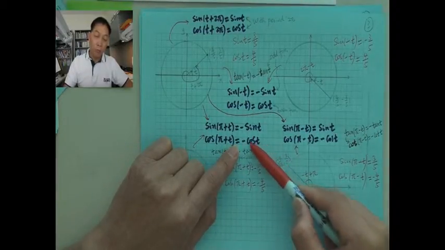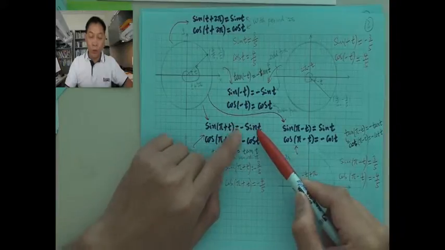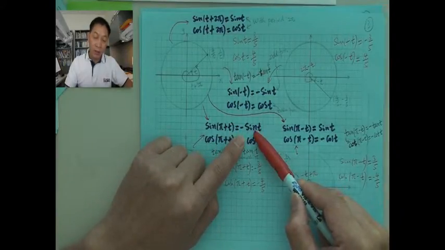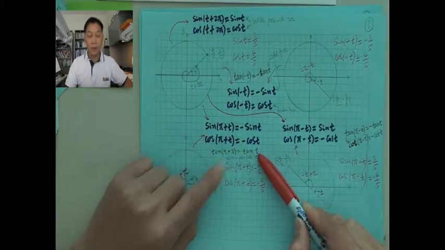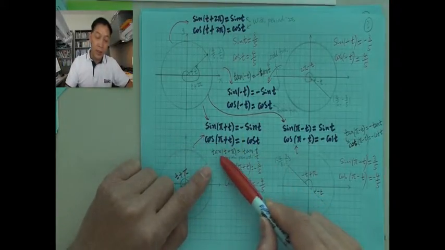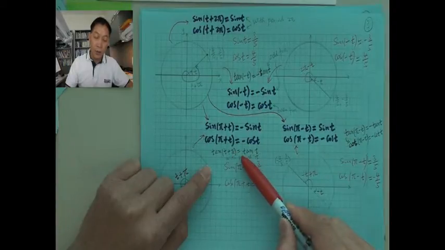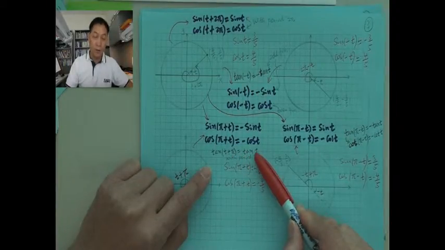But negative over negative is going to be positive. So then you have sine t over cosine t, which is tangent t. So you can see tangent t plus pi equals tangent t.